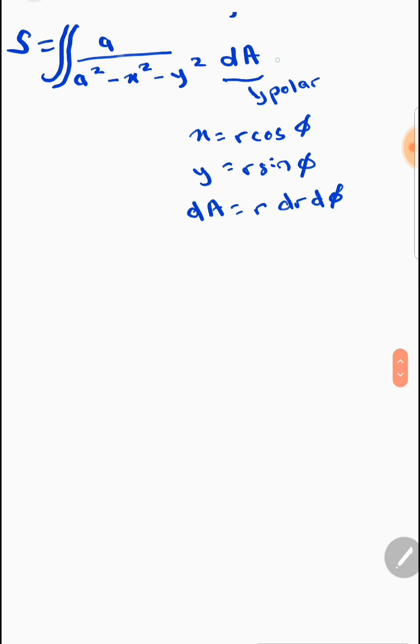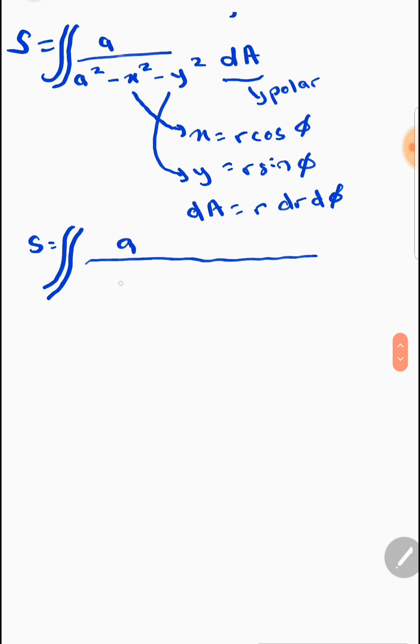So now, since we have a sphere and we have already converted this into its polar equivalent, I'm going to replace this x with this and replace the y with this. Okay, so let's rewrite this. It will then give me my s equivalent to my double integral of a over the square root of a square.